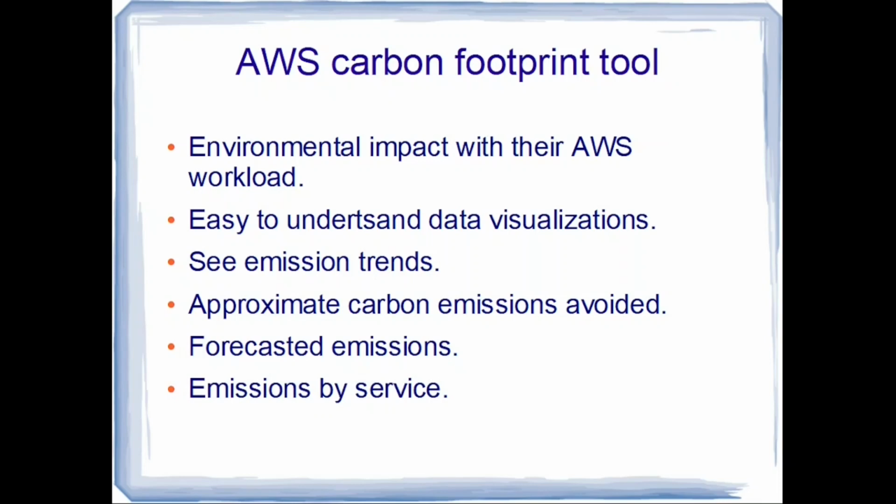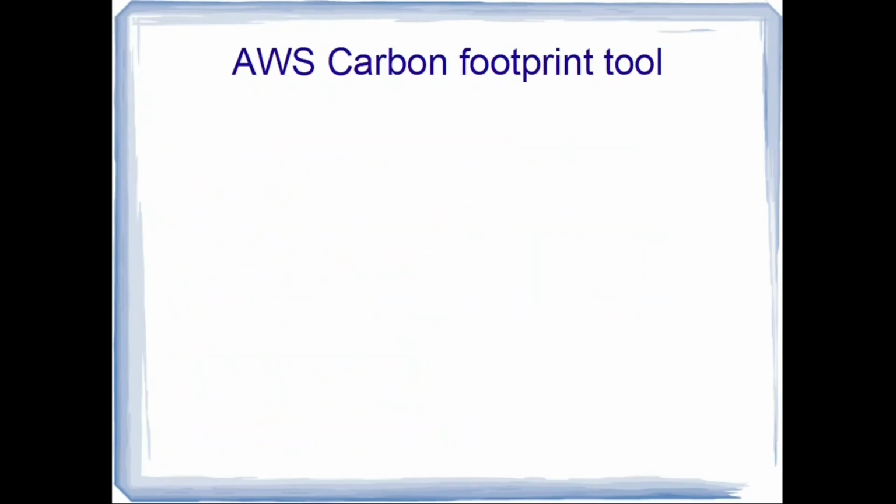Further, customers can drill down the emissions by service, be it AWS EC2, be it S3 bucket, be it any other service from AWS. Every service is emitting carbon footprint, so you can drill down these emissions by service. Then they can drill down by geography as well. Let's say they are running their workload in the Mumbai region or the London region or whatever region, they can filter by geography.